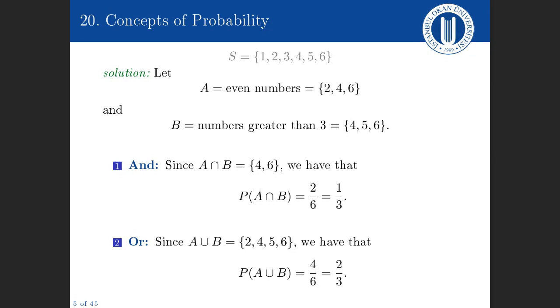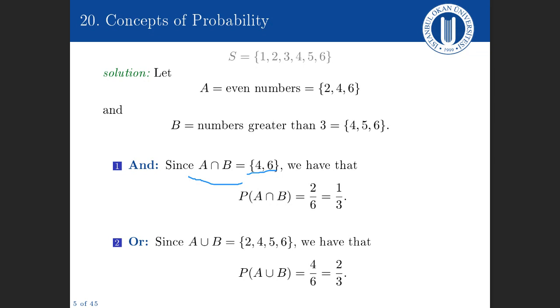For question 1, what is the probability of getting a number which is even and greater than 3? We want A intersection B. All of the numbers which are even and they're greater than 3. In other words, we want 4 and 6. Now remember, how do we calculate the probability of the event?